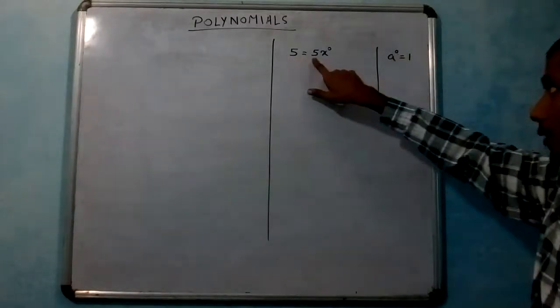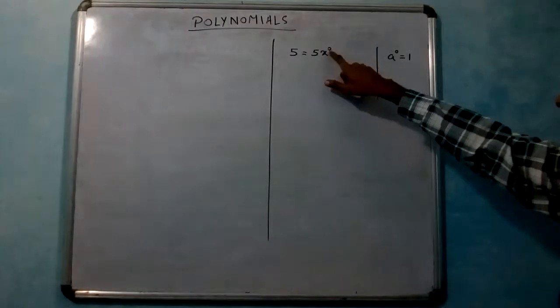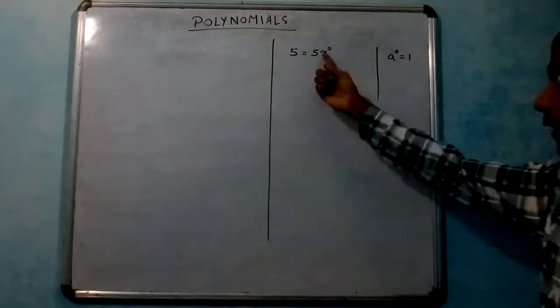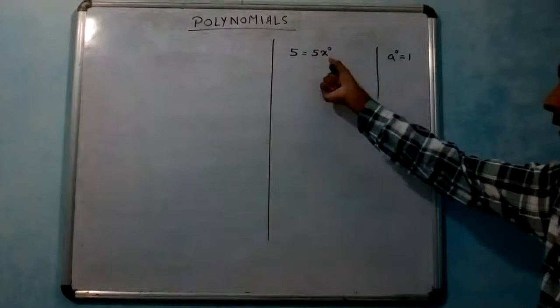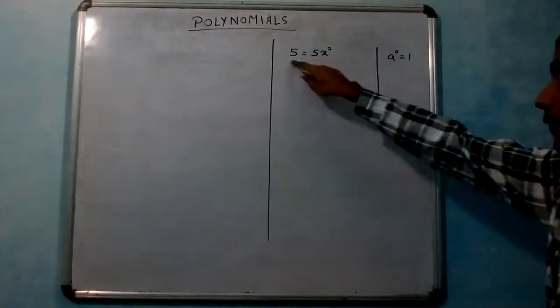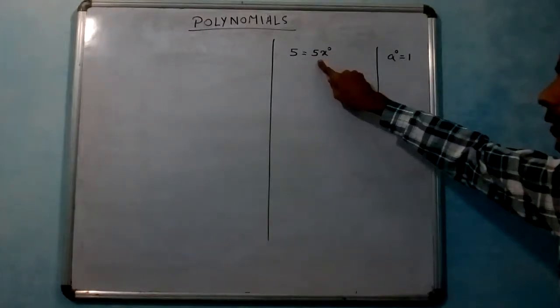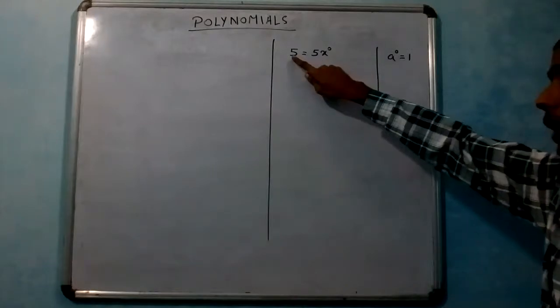So 5 we can write as 5x raised to the power 0, and x raised to the power 0 means 1. So 5 into 1 is 5. So 5 can be written like this, or 5 is actually this, that we generally use to write 5.